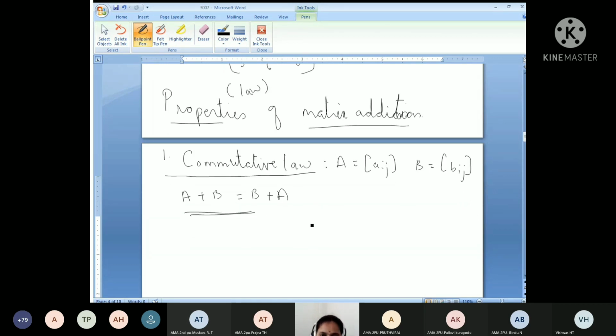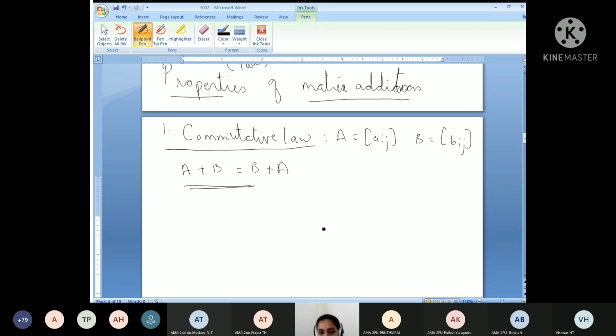Okay. So for this explanation, what will be your A plus B? A plus B is equal to matrix Aij plus matrix Bij. If you add, you are going to get matrix Aij plus Bij.